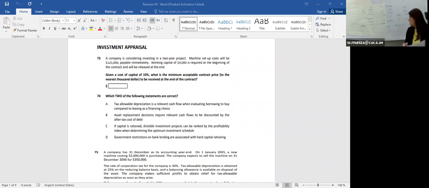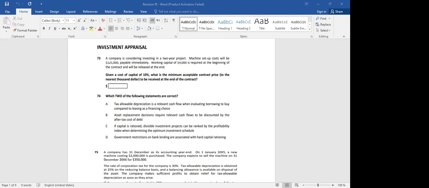So 260,820 plus 130,500 is 391,320. The total saving is 391,320. As you are required to convert it to the nearest $1,000, that is why you are going to take only 391,000. So it's option A. Angelika? Yes, miss. So it's option A.